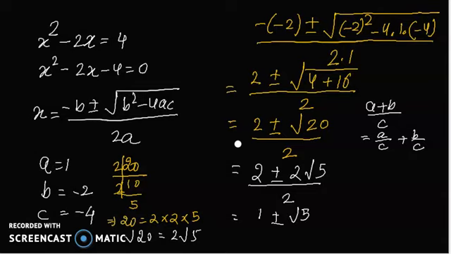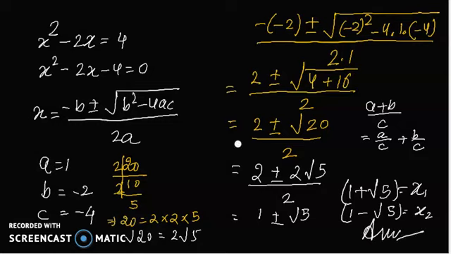So our values for x will be, we will get two values. 1 plus root 5 is one value, you can call it x1, and 1 minus root 5 is another value, which we can call x2. So we get the two values of x, and that is our answer.